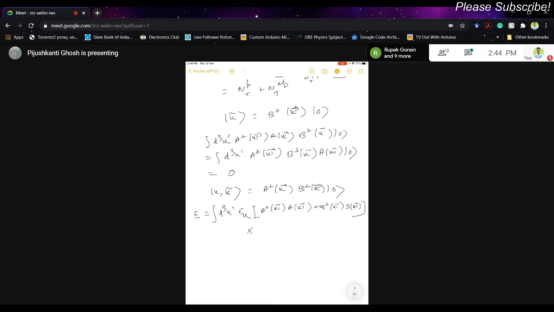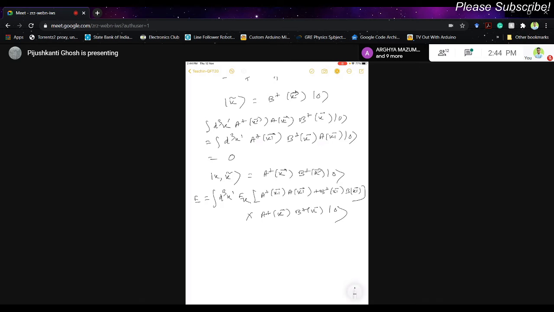This is the Hamiltonian acting on the state. Now you have to evaluate this, and transition the operator to the right so that it acts on the vacuum and gives you zero. So you get a simplification. Okay?